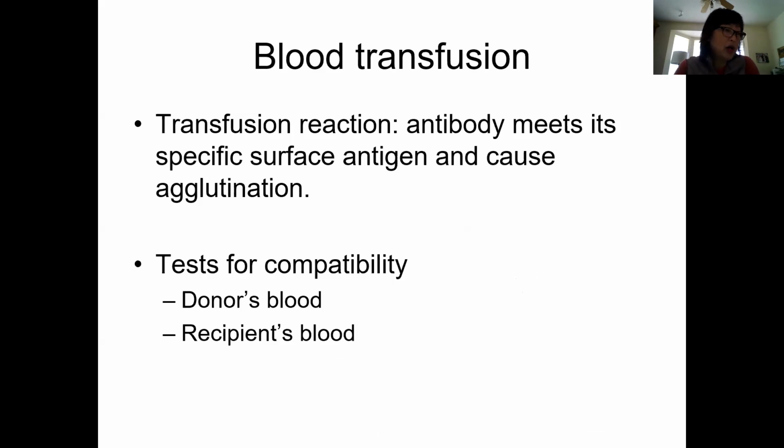So we talked about the basic blood types, and we said the antigen determines the blood type. When we are doing blood transfusion, we want to make sure the donor's RBCs will survive in the recipient's blood. If you are a donor, when you give blood, the most important part is your red blood cells.